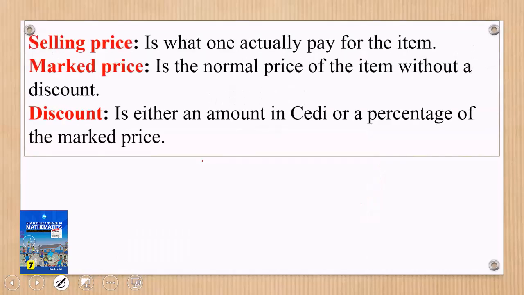Now, let's say, for example, I have a phone and I'm selling the phone at 500 cedis. At a point, the phone has been with me for some time, and I feel like reducing the price and selling it off. So I put an advert and say anybody who buys a phone from me will take a discount of 80 Ghana cedis. So if the price of the phone is 500, you enjoy 80 cedis and pay 420 Ghana cedis for the phone.